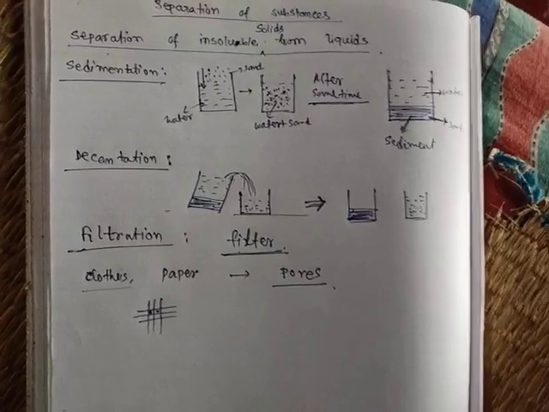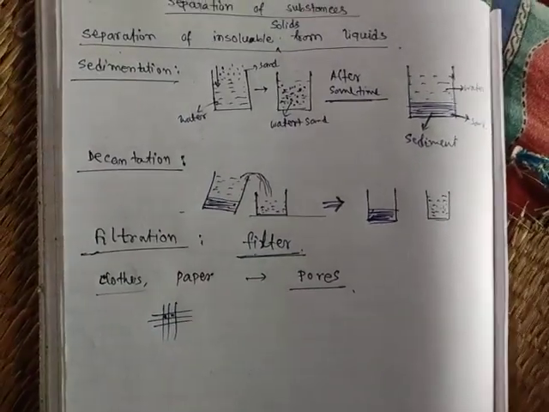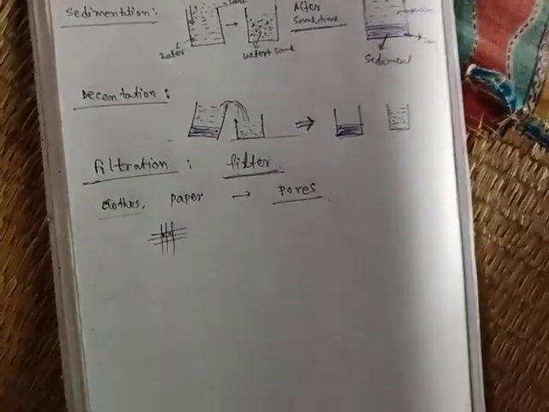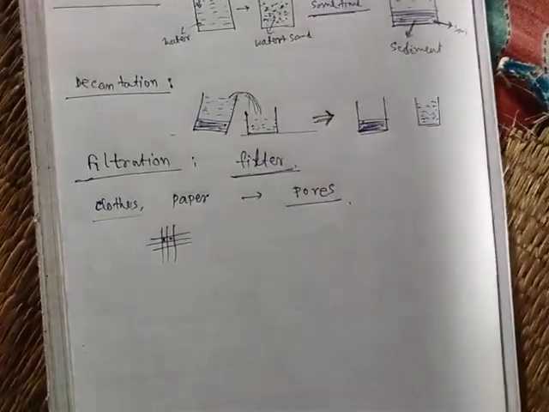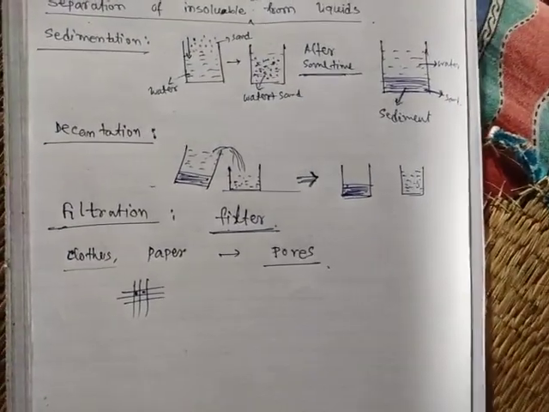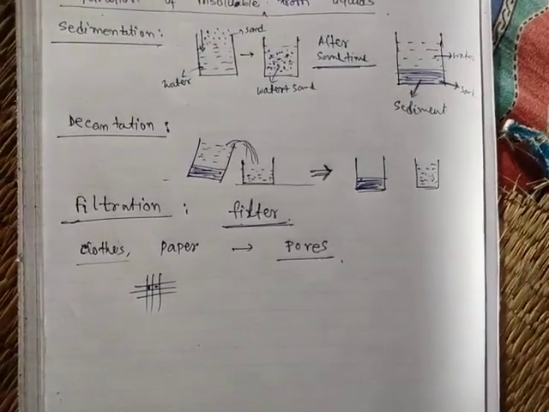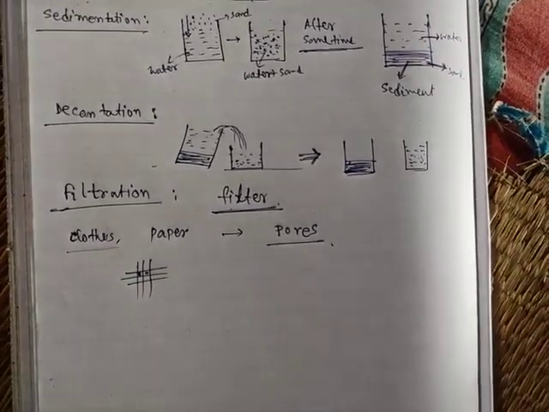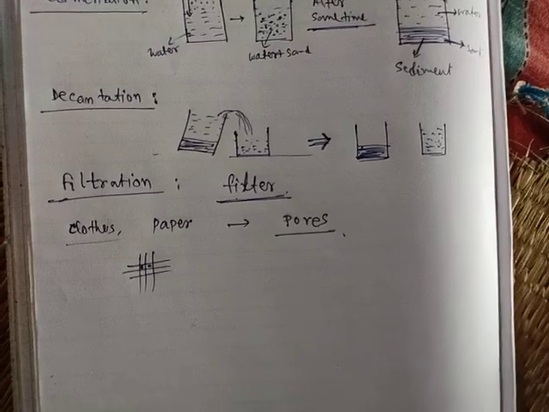That means the filter depends on the size of the pores. If we want to separate different solids from different liquids, then we can use different filters, with different pore sizes.